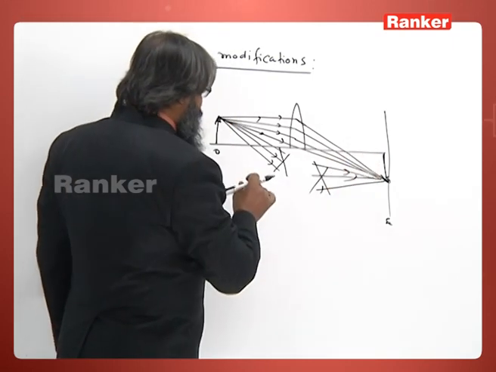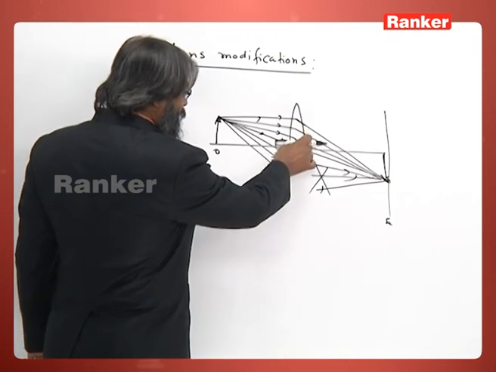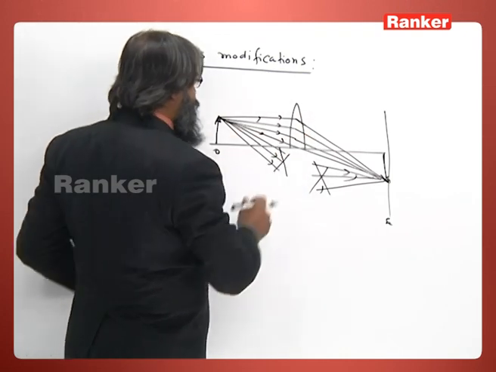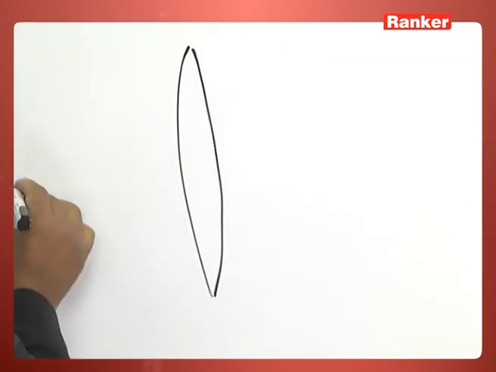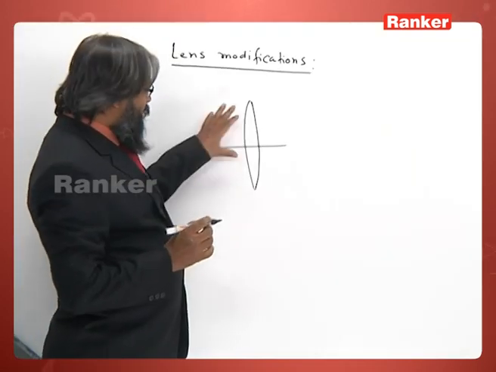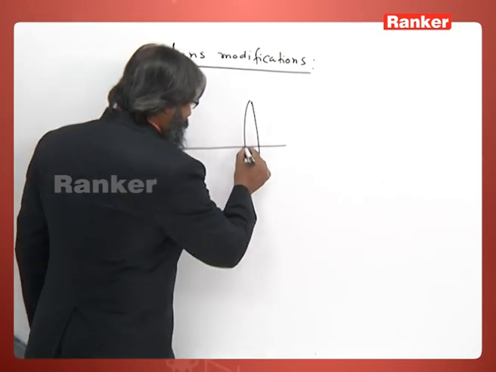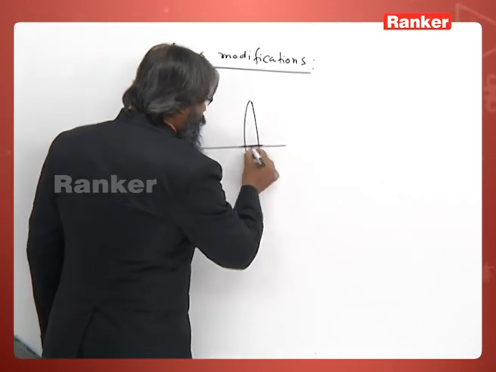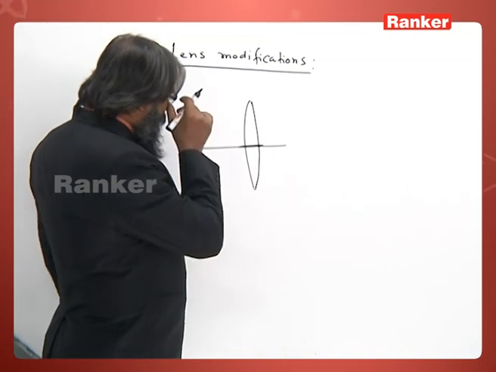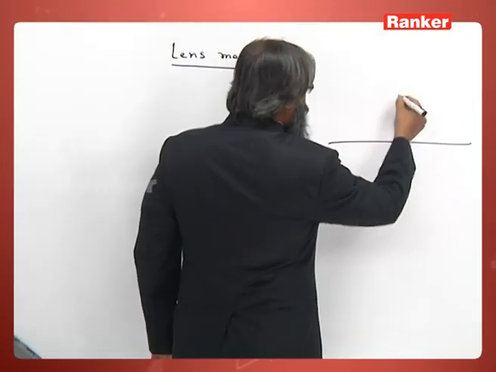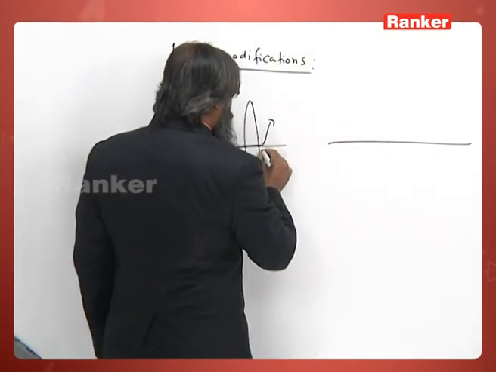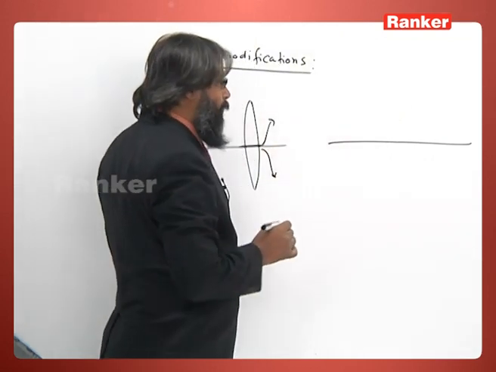Next, let us see what will happen if I cut the lens and displace the portions in this direction. Now, this is my convex lens and I have cut it into 2 portions. I have moved this portion above and this portion below.